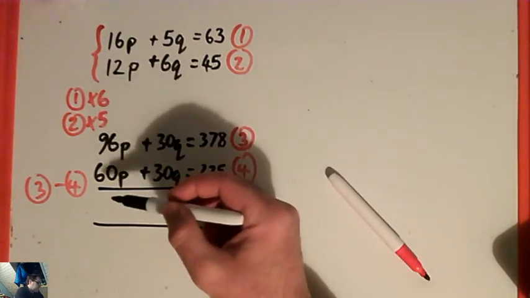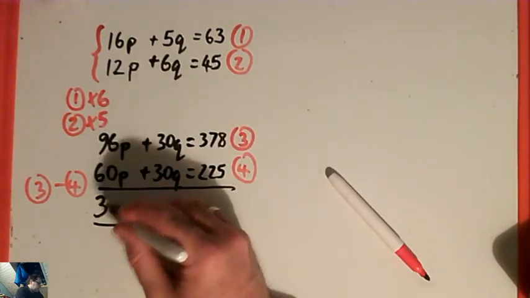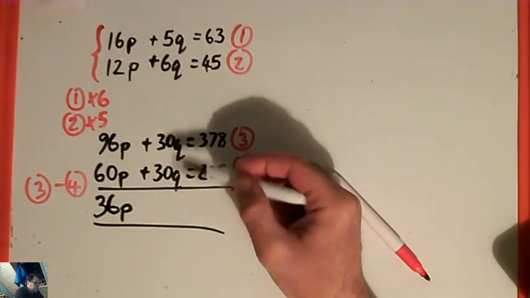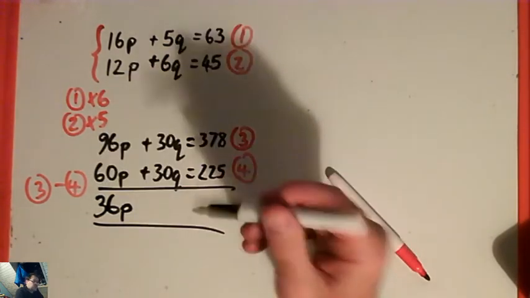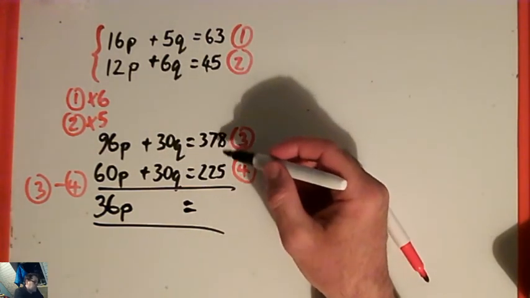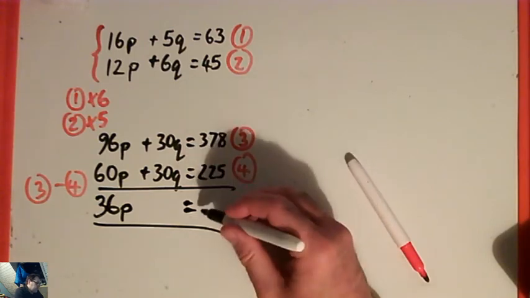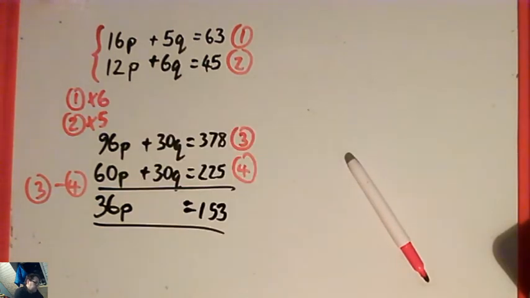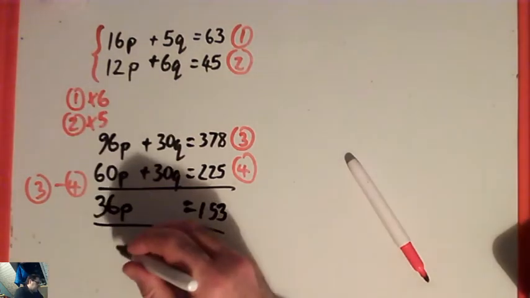96p, take away 60p, gives me 36p. 30q, take away 30q, disappears, nothing, equals 378 minus 225 gives me 153. So 36p equals 153.